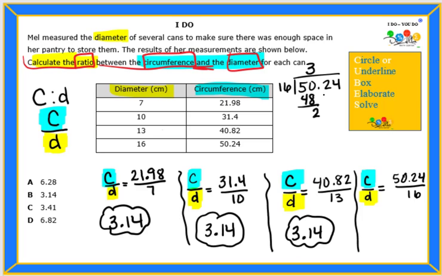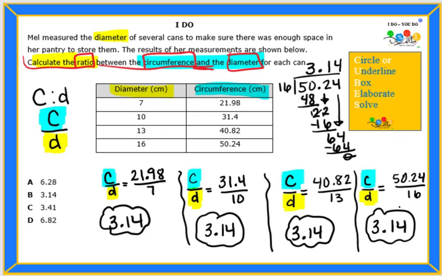We would still have 2 left over, so we bring down 2. We must bring this decimal straight up. And now 16 goes into 22 only 1 time. So 1 times 16 is 16. And we subtract. And we have 6 left over. We bring down the 4. And 16 goes into 64 4 times. That'll give us 64 exactly. And so we will be done. And so the ratio of this circumference to this diameter is 3.14.